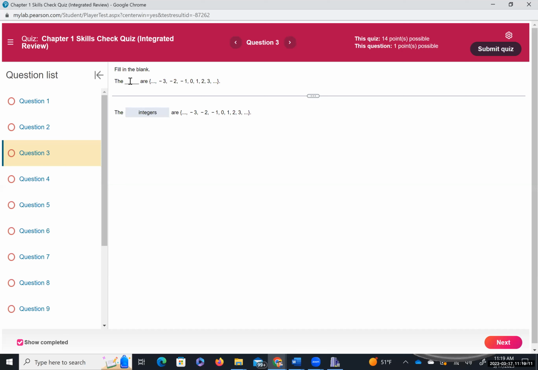Keep in mind that during the quiz, after the first submission, if you didn't get a perfect score or a good score, you can redo it to get a better score for the quiz.